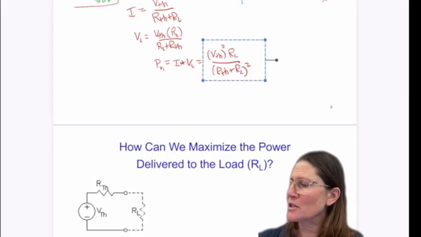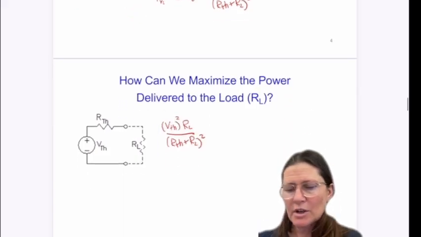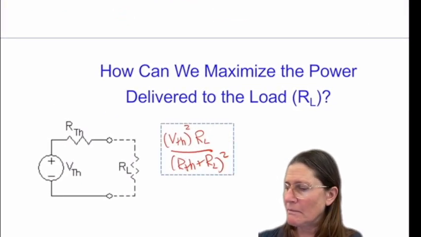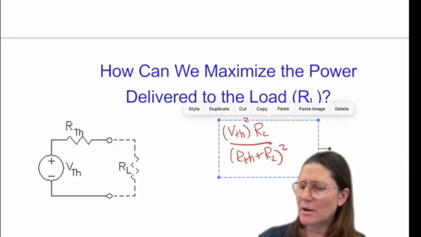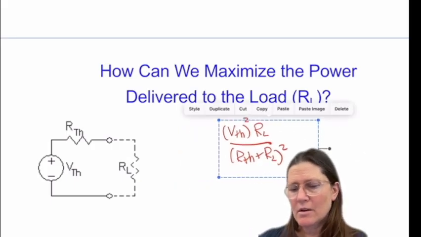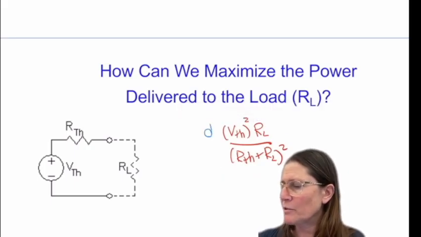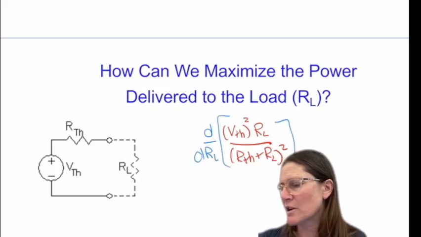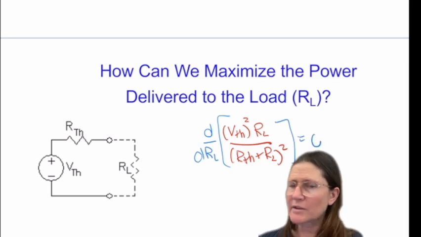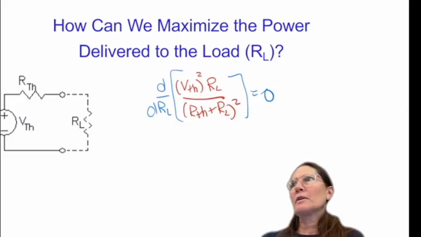So I'm going to take the equation, and now we're going to take the derivative with respect to RL. If we take this function and take the derivative of that with respect to RL and set it equal to 0, that can give us the value for RL that will give us that maximum.